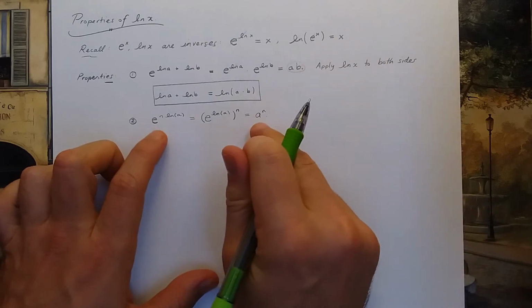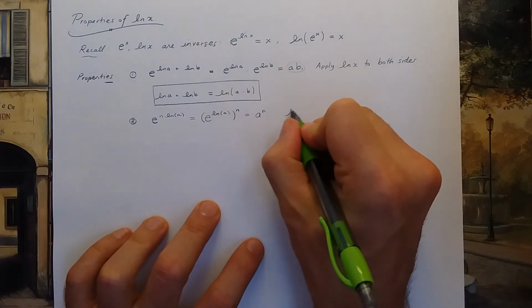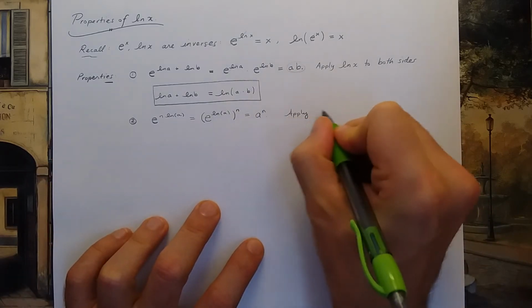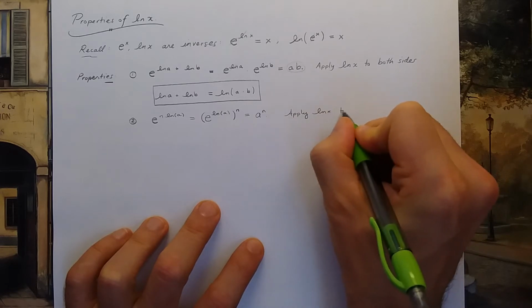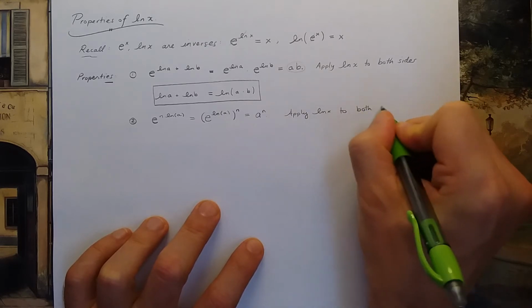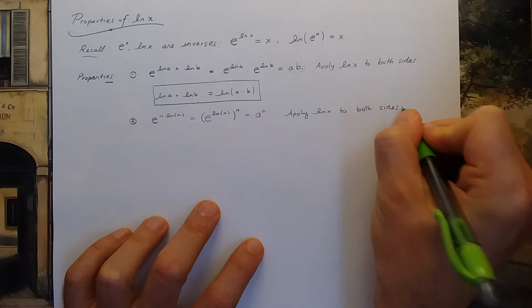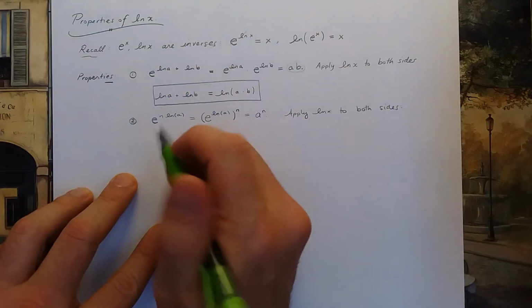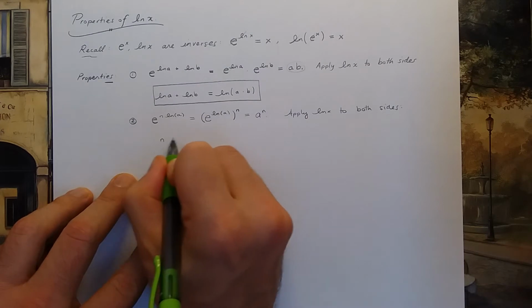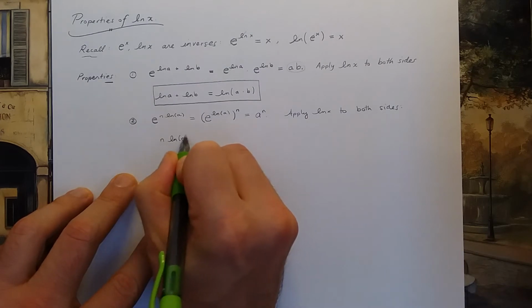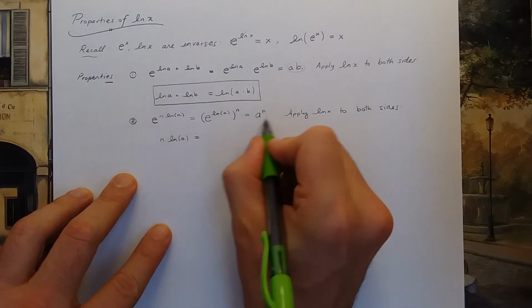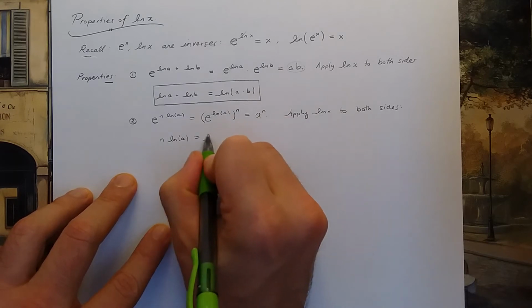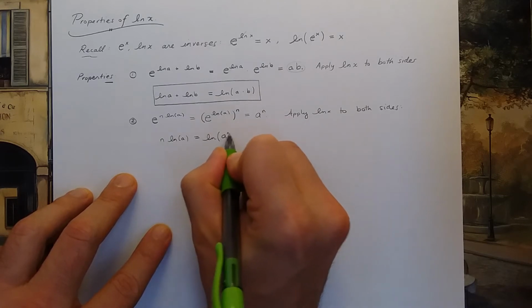So now I have a new expression. I can apply log x to both sides. If I do that, log and exponential cancel each other out. This side just becomes n log a. And then if I take log of the right side, I get log of a to the n power.